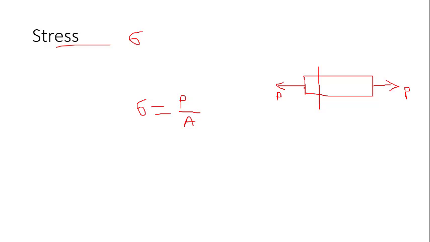So here we find the stress, and according to that we can decide whether this object will sustain this force or not. So for that we find sigma is equal to force upon area. The unit of force is Newton, and the unit of area is mm square. So the unit of stress is Newton per mm square.